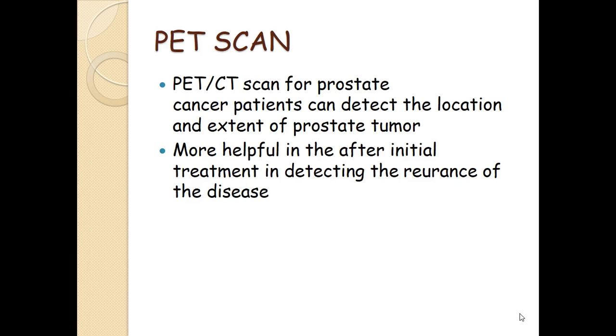Then there's a PET scan for prostate cancer. It can detect the location and extent of the prostate tumor, and is more helpful after initial treatment in detecting recurrence of the disease.